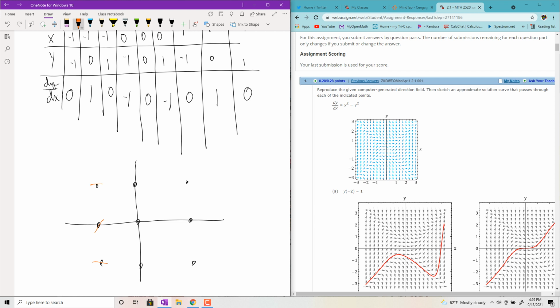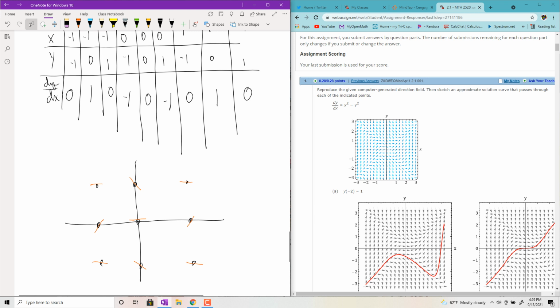And then 0, -1, we're going down 1 over 1, 0, 0, 0, and then down 1 over 1. 1, -1 is 0, and then it's up 1 over 1, and then 0 again. So you should be able to zip through and produce a little slope field for me.